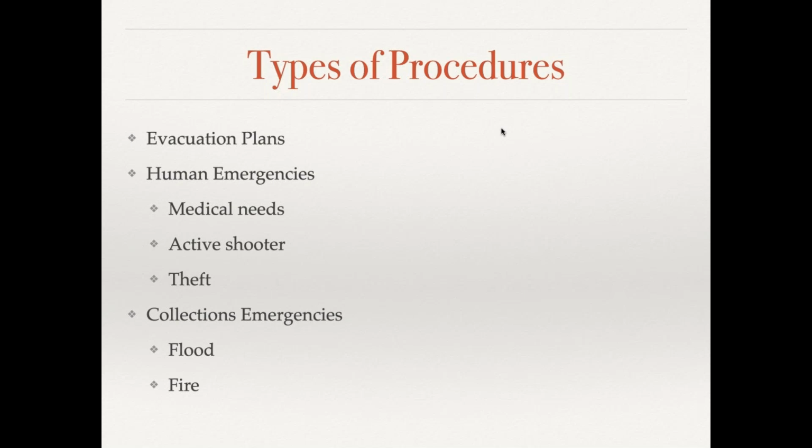You're also including procedures for collections emergencies: floods and fire and earthquakes if you're somewhere that might get an earthquake, tornado if you're somewhere that might get a tornado. Again, that's going back to the location risk assessments that you have hopefully already done.